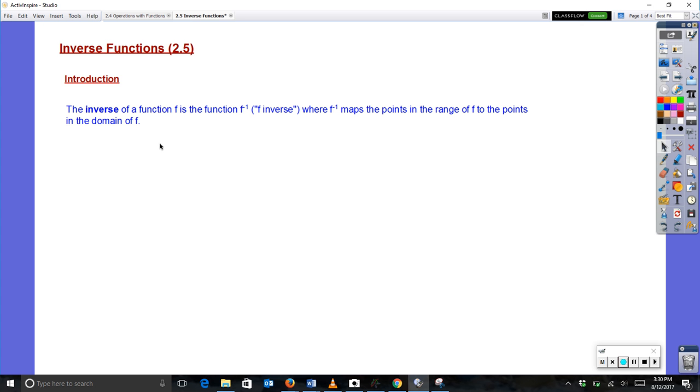Well, it's actually pretty easy to do with just a set of points. For example, if function f was equal to the points (1, 3) and (2, 7), well then that means when you plug 1 into f, you get 3 out. When you plug 2 into the function f, you get 7 out.